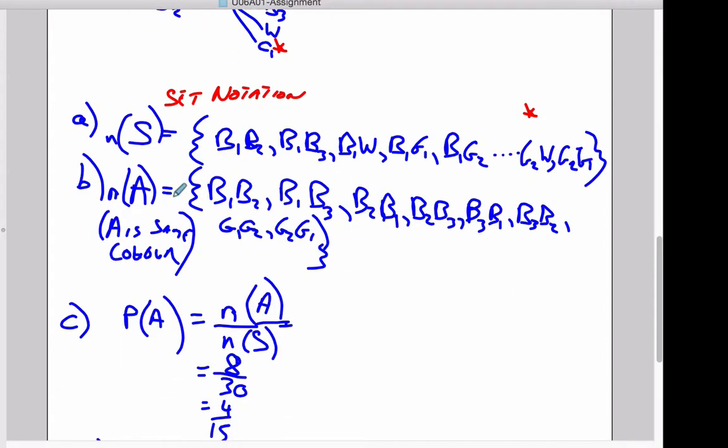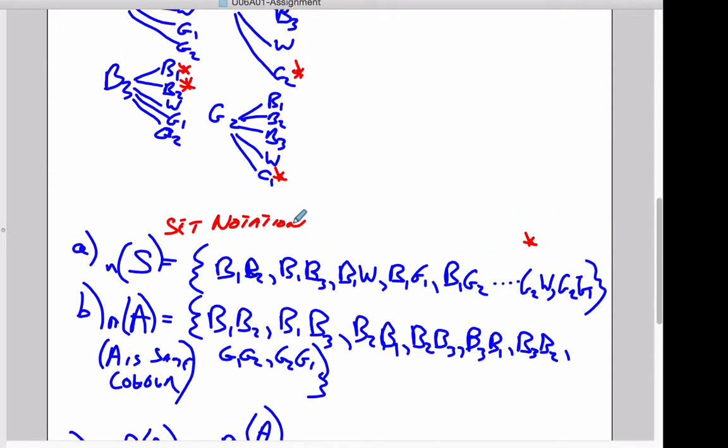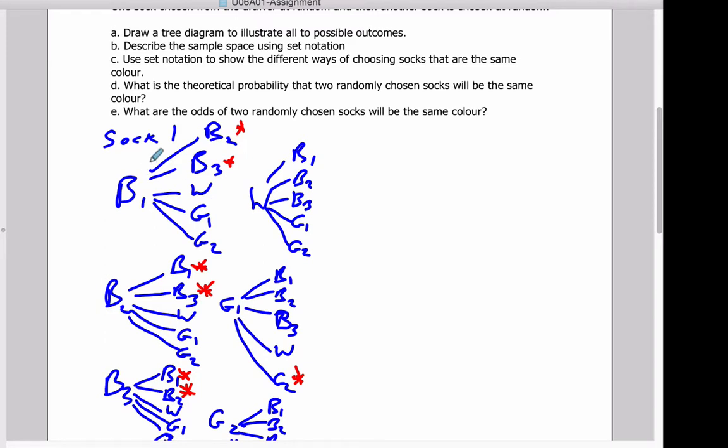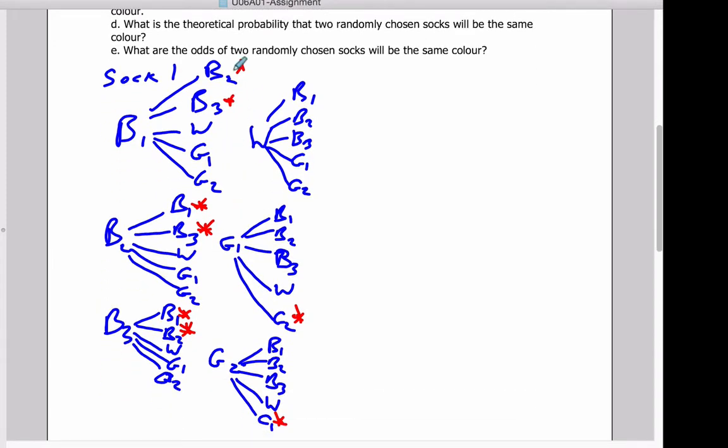Now, for where you select 2 socks that are the same color. For example, you could select the first black sock and then the second black sock, or the first black sock and the third black sock, and so on. You'll notice I put an asterisk beside every case where you could pull out one color sock and then a second matching color sock.